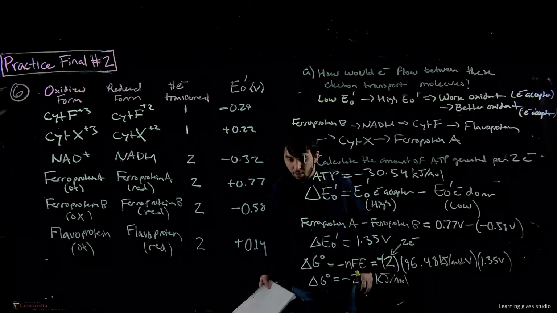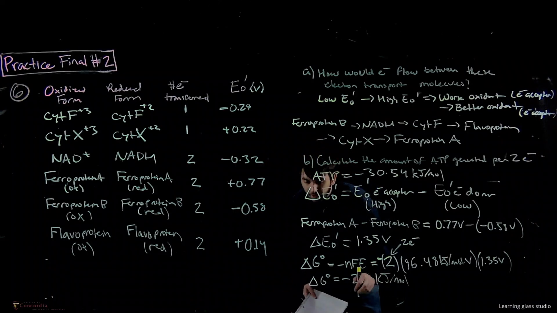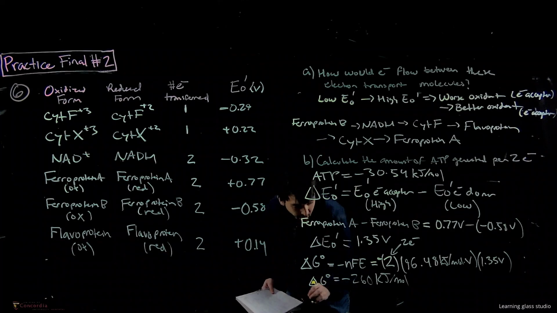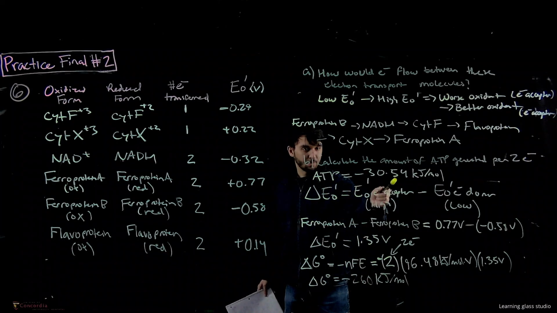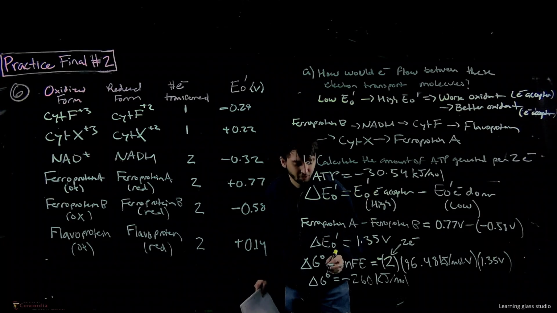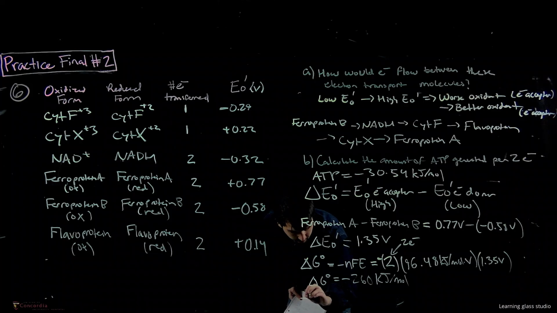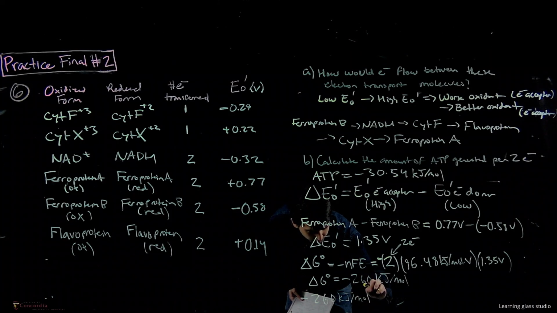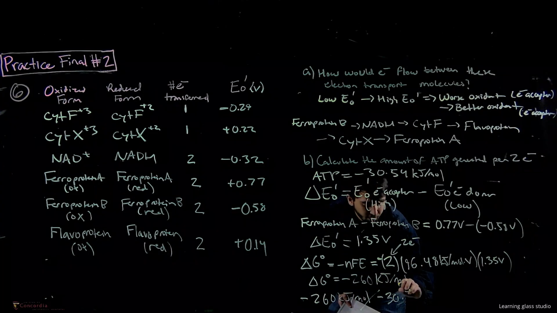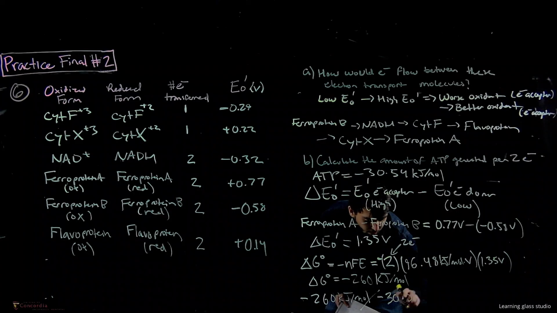So now, do I have room to write this? I think I do. To figure out how many ATP we can make, we know an ATP is negative 30.54 kilojoules per mole, so we get negative 260 kilojoules per mole divided by negative 30.54 kilojoules per mole.